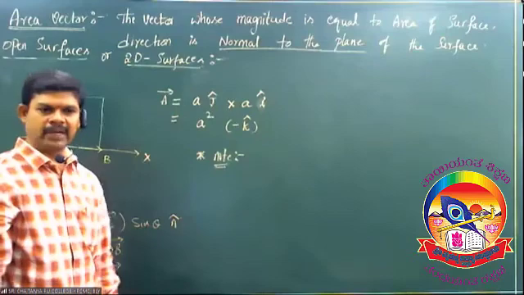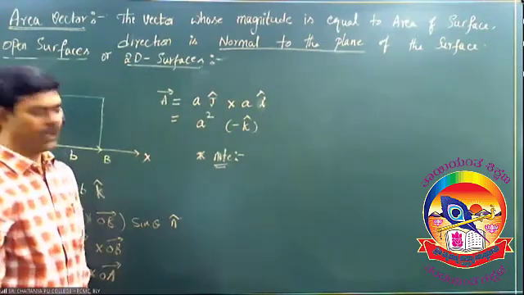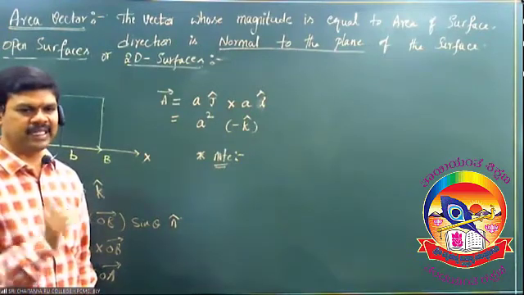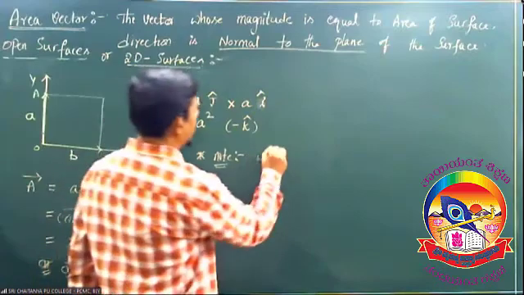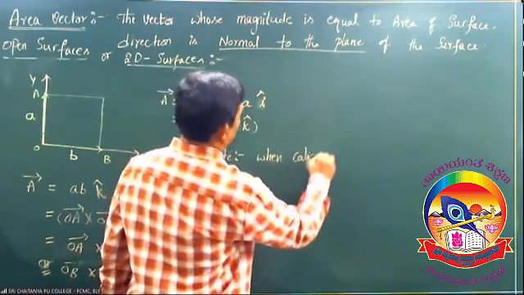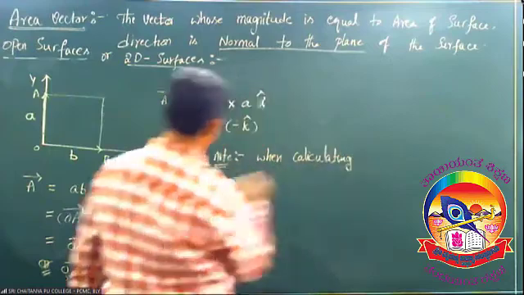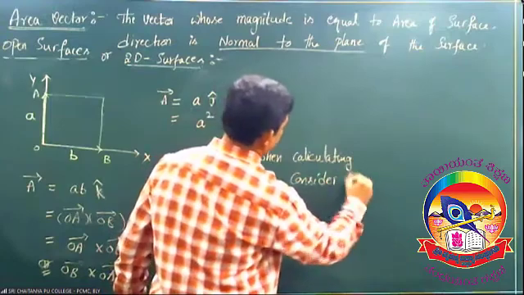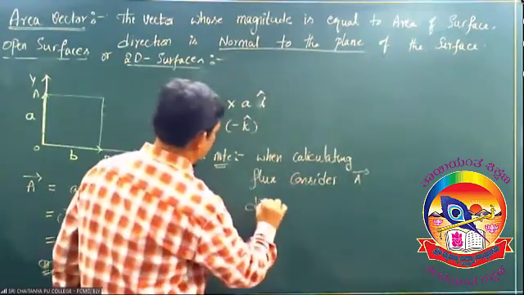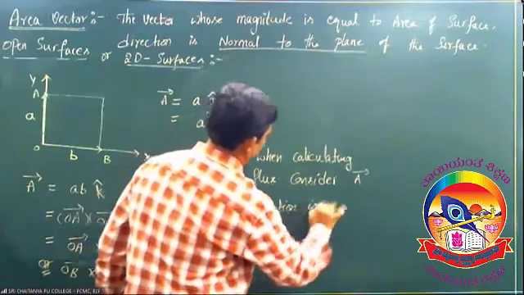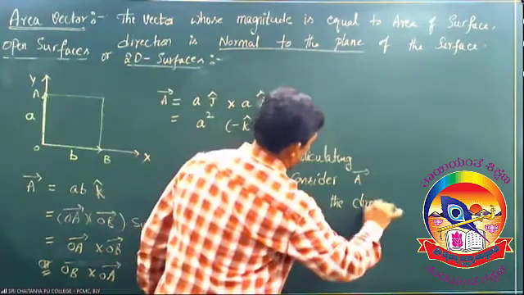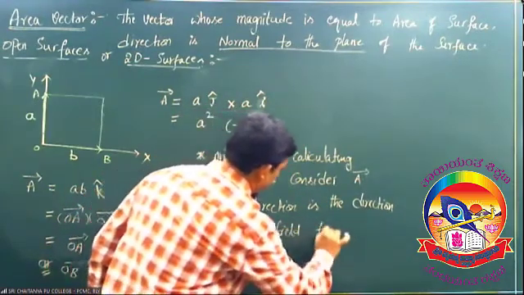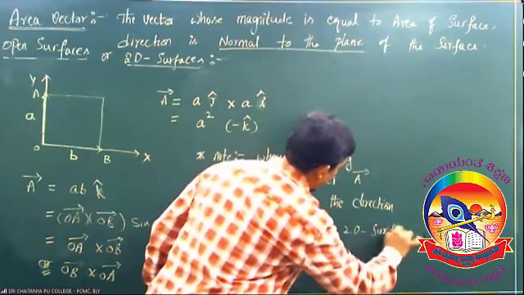When we are doing problems, when calculating flux, consider the area vector direction in the direction of the field, for 2D surfaces, not for all.